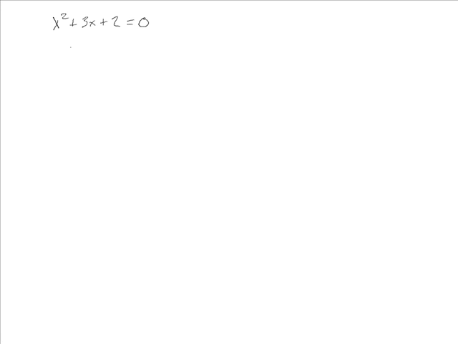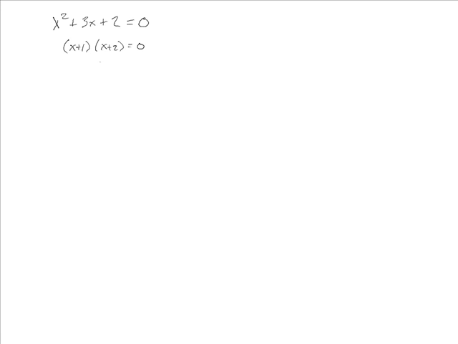So instead of randomly trying to check numbers, we're going to use factoring as a way to set up smaller equations to figure out what x needs to be. If we factor this equation, we end up with x plus 1 times x plus 2 equals 0.